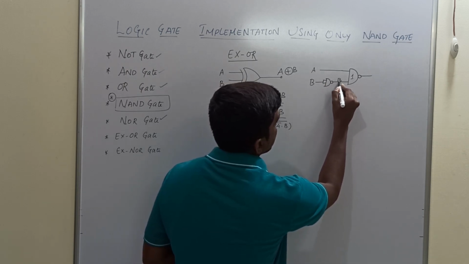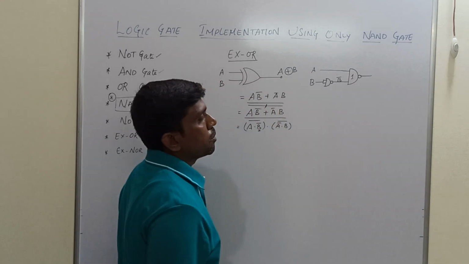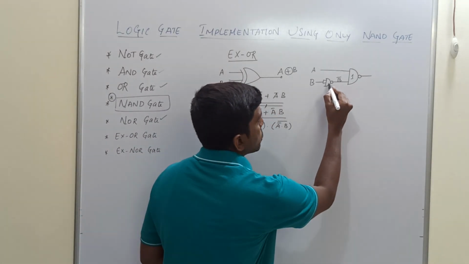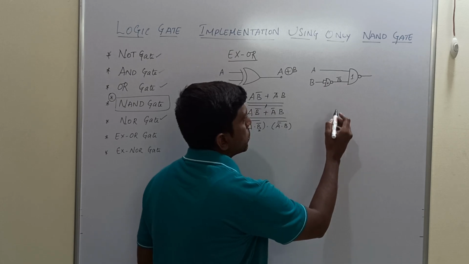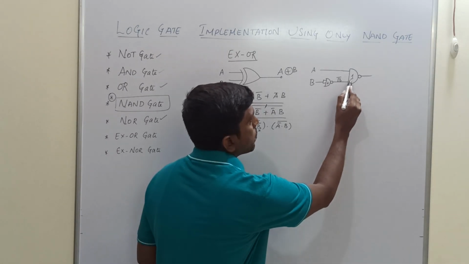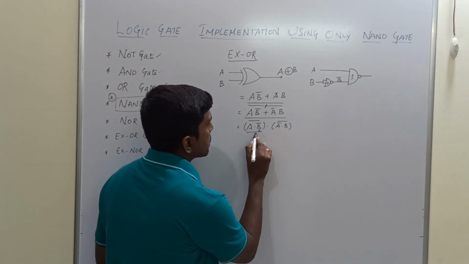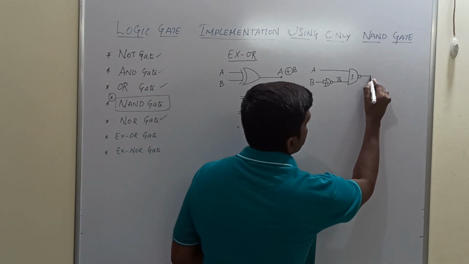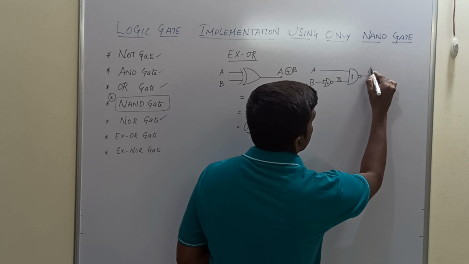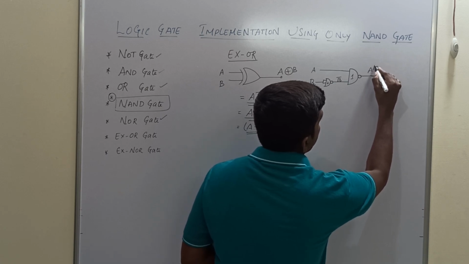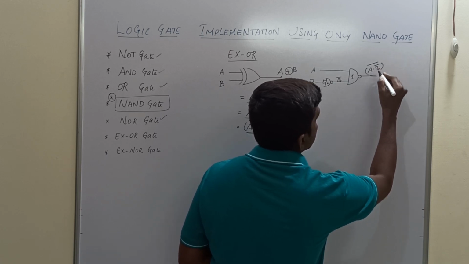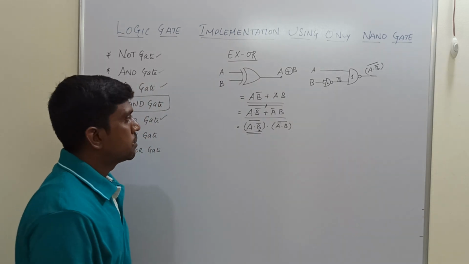The output of the NAND inverter is connected to the input of the first NAND gate. So this is NAND gate number 2. So the second NAND gate output is connected to the first NAND gate's second input. So this term is over. The output of the first NAND gate is A dot B bar the whole bar.